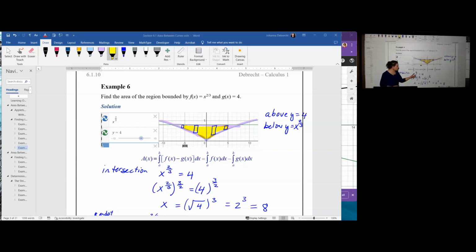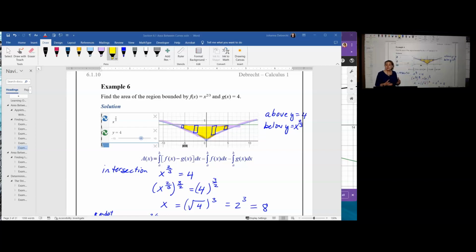In order to solve for x, I have to undo the 2/3 power, which in this case means raising it to the 3/2 power, since 2/3 times 3/2 gives me 1. When I do this on both sides, I get 4 to the 3/2 power, which is the same as the square root of 4 raised to the 3rd power.